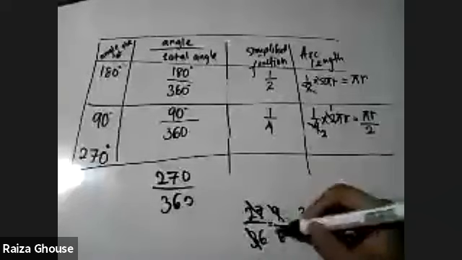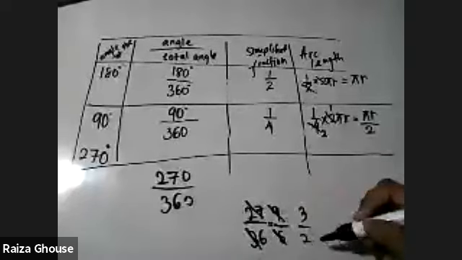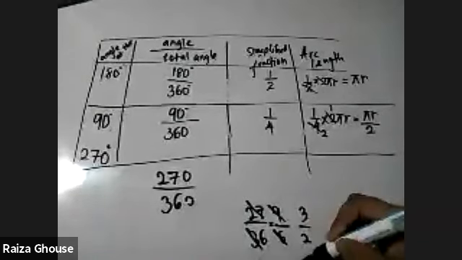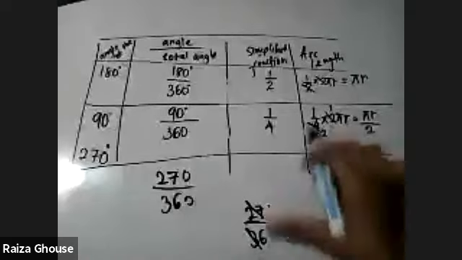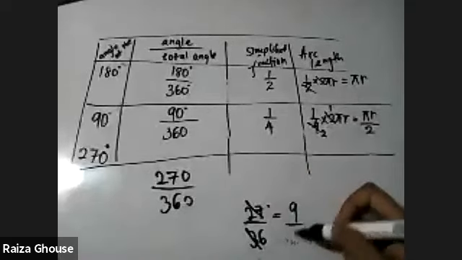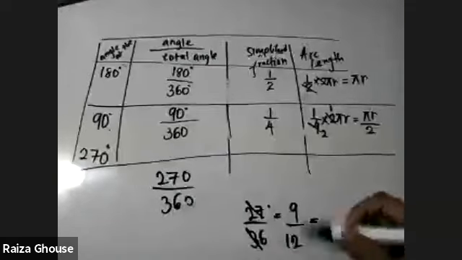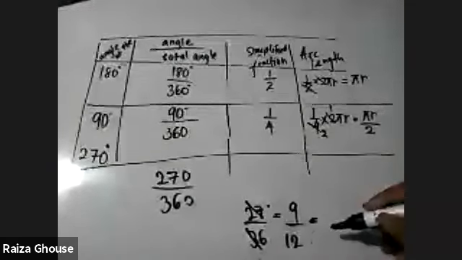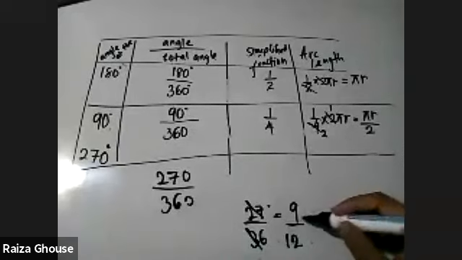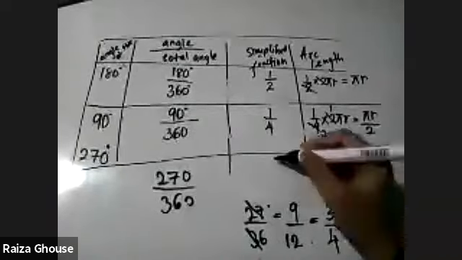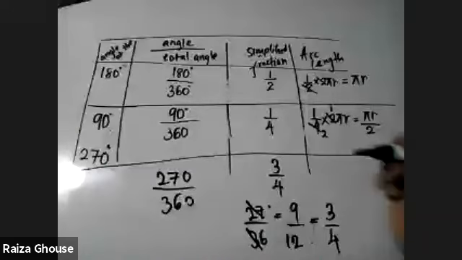Now you get 9 over 12. Yeah, directly we can divide by 9 also. Now you can divide this again by 3. You get 3 over 4. Simplified form 3 over 4.